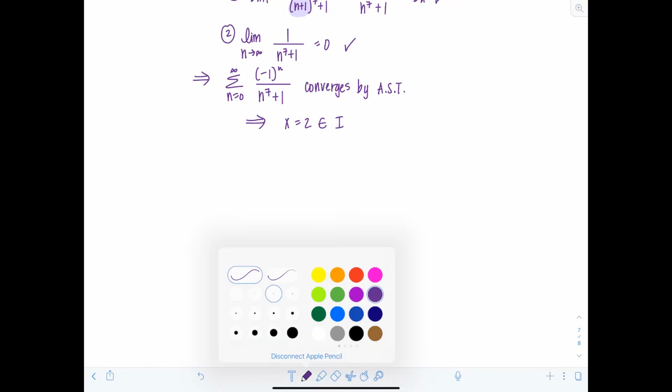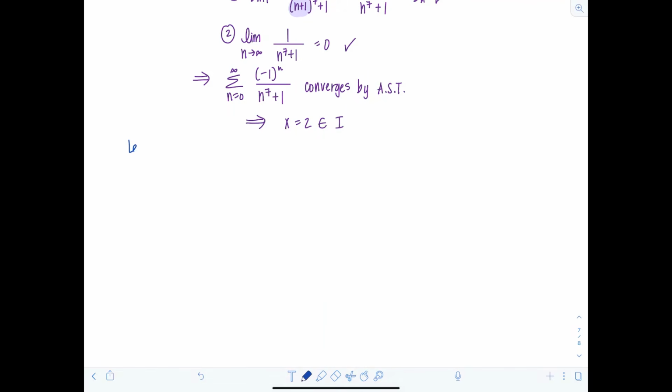So now we're going to check x equals 4. So let x equal 4. All right, so then we're going to have the sum, n equals 0 to infinity. Remember, it was x minus 3 to the n over n to the 7th plus 1.